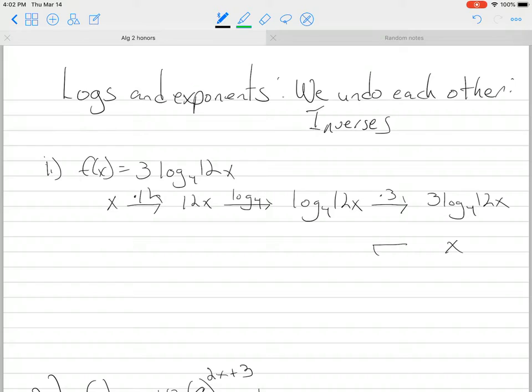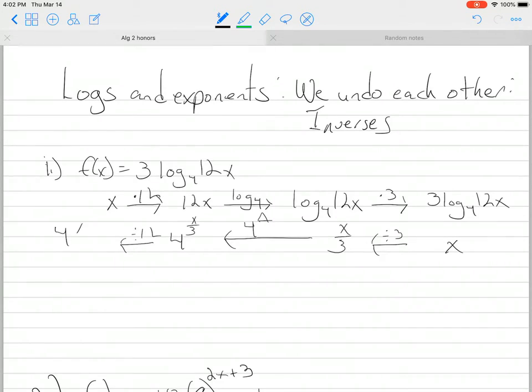So I'm going to start with x, and I'm going to divide by 3. I am going to undo a log, take base 4 to that, which is 4 to the x over 3. I'm going to take that whole thing and divide it by 12.